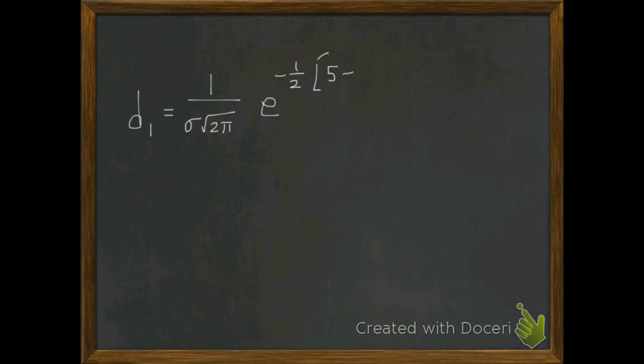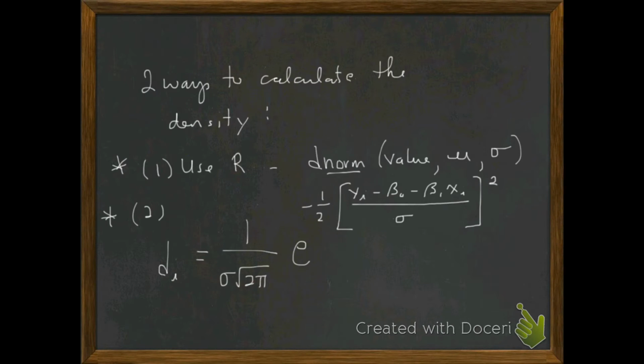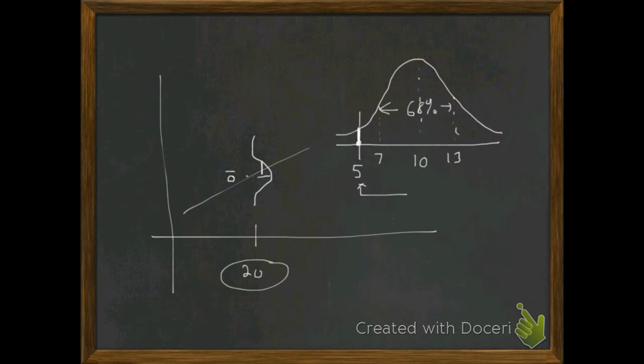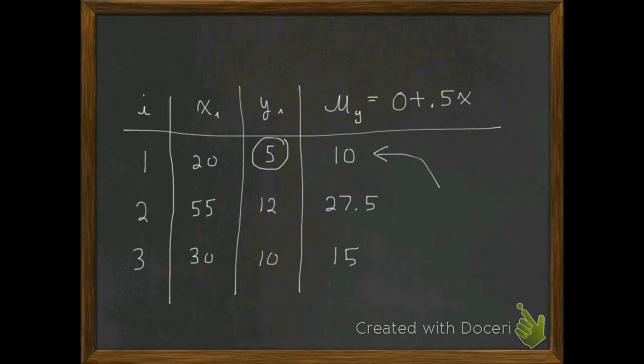And essentially the beta 0 plus beta 1 x is just going to be the mean response, which is 10.